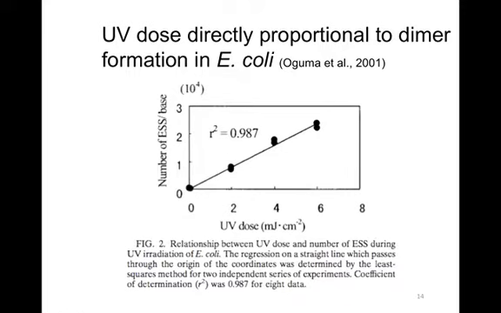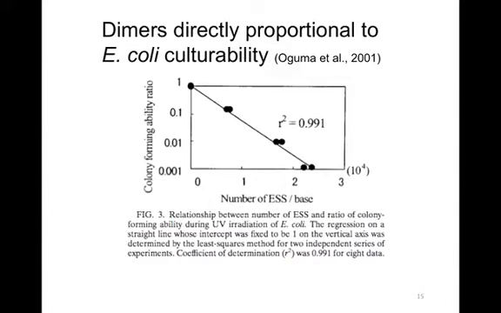So that's pretty neat. And what's really neat is that the number of dimers per base was related in a log linear way to the log inactivation. On the y-axis now, we have the colony forming ability ratio, which you could interpret as the log reduction. So 0.1 is 1 log reduction, 0.01 is 2 log reduction. And you would expect a log linear relationship.